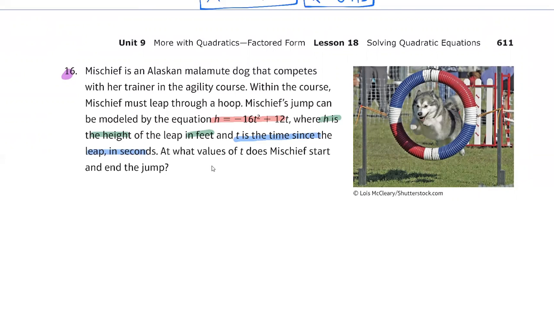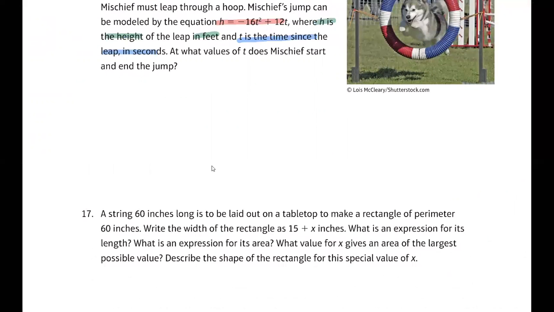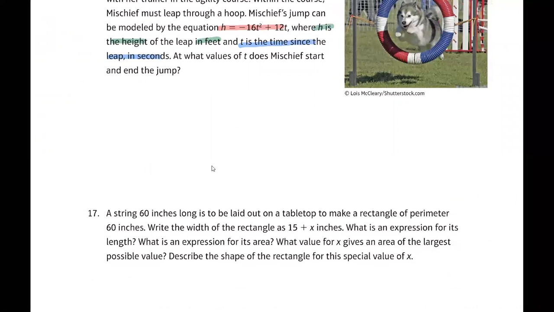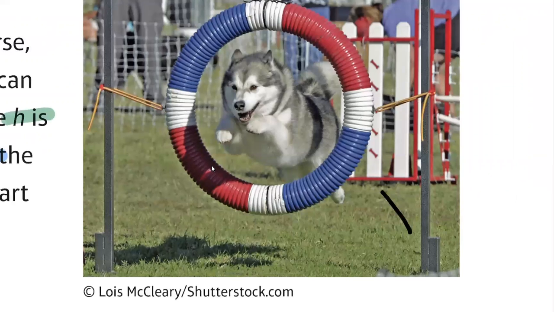And then we're asked to find out at what values of t, basically how long, does Mischief start and end the jump. So if we think about Mischief's jump, we'll zoom in on Mischief over here on the right. Mischief jumped from back here somewhere, going through the hoop, and then lands on the ground here.